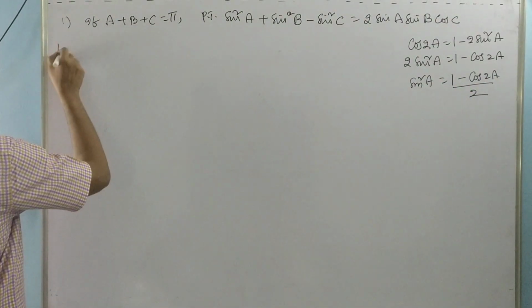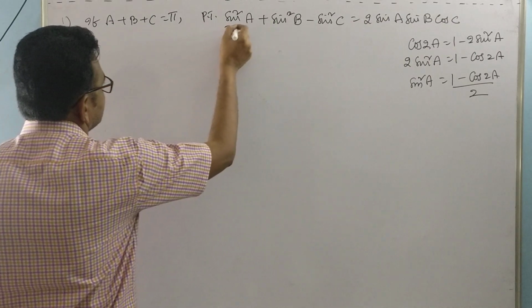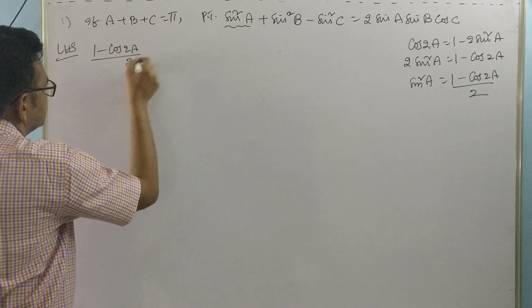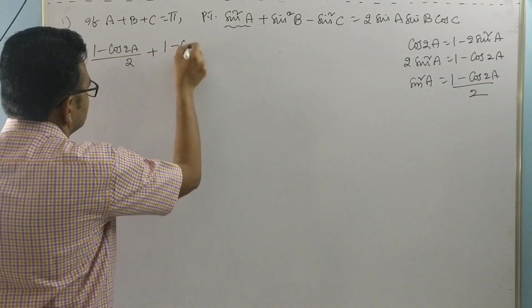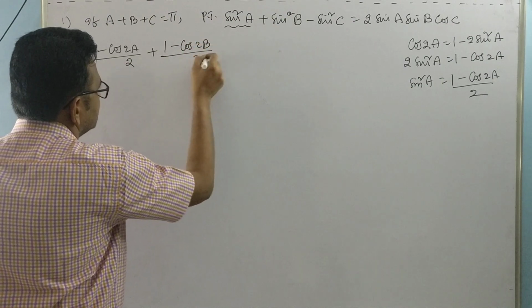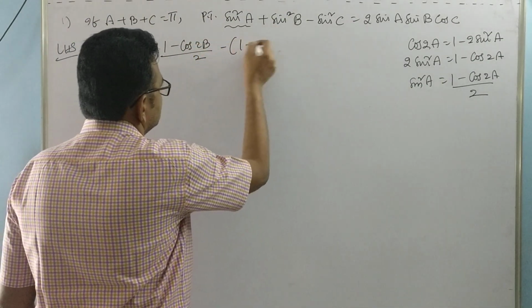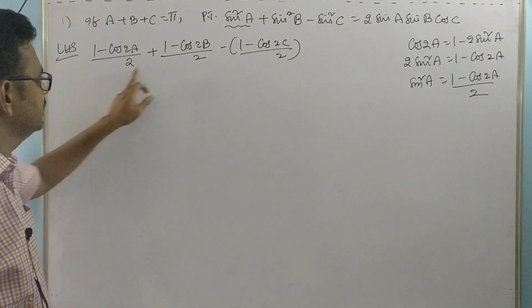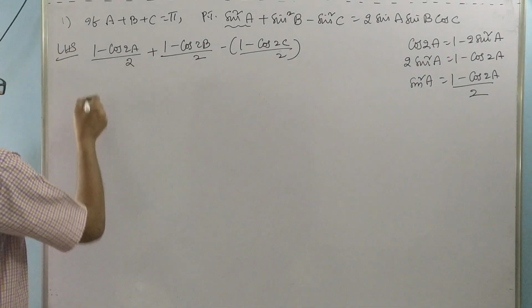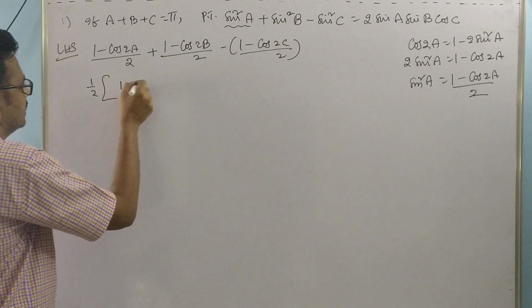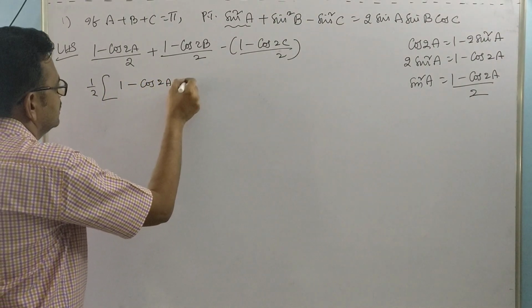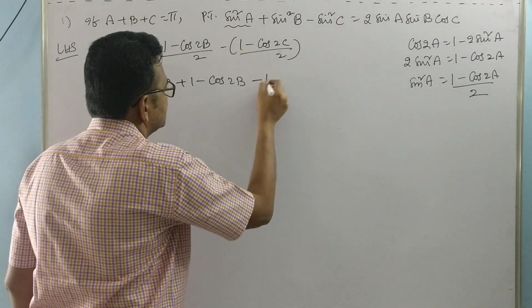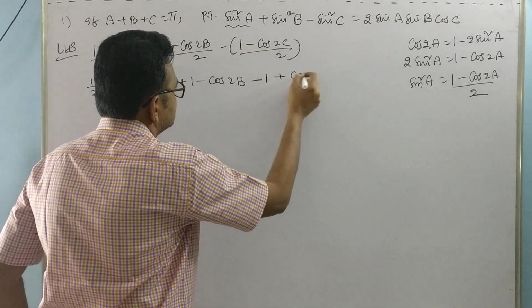Now this is LHS. Sin square a is 1 minus cos 2a by 2, plus sin square b is 1 minus cos 2b by 2, minus sin square c is 1 minus cos 2c by 2. So you can take 1 by 2 common. This is 1 minus cos 2a plus 1 minus cos 2b, multiply with minus 1, plus cos 2c.